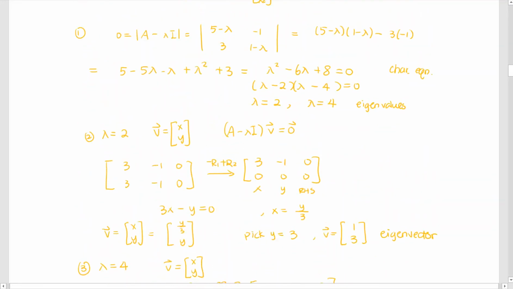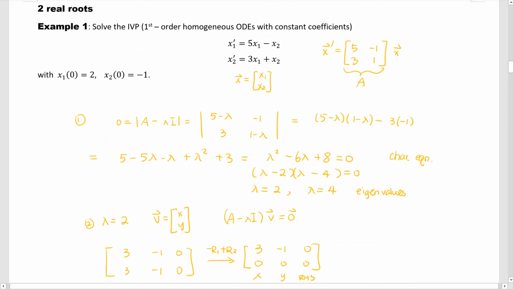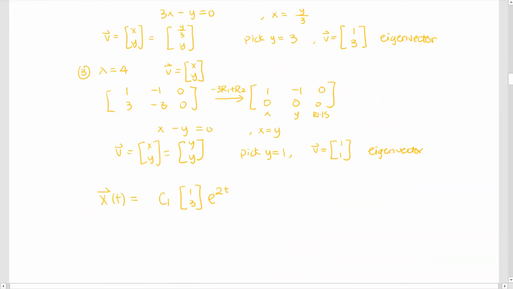Let me see. Alright, yes. And next, we have c2. The second eigenvector is (1, 1), and the corresponding eigenvalue is 4.